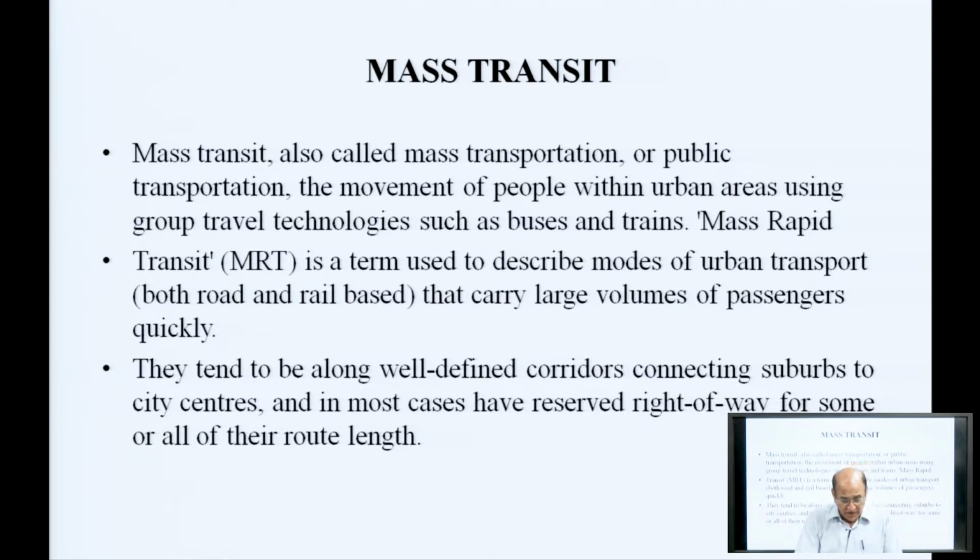They tend to be along well defined corridors connecting suburbs to the city center and in most cases have reserved right of way for some or all of their route length.